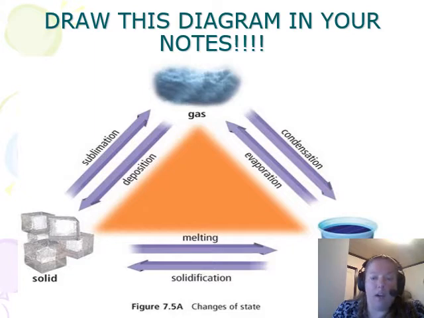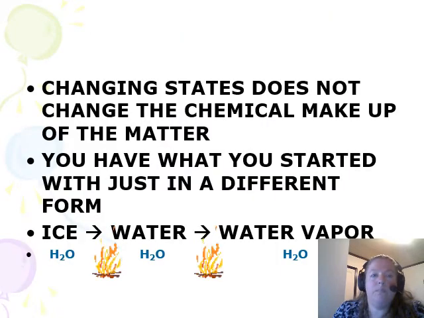Here's a very good diagram that you want to take a look at, because you have your liquid water over here on the right, the solid water over here on the left, and the gas up here in the middle. So changing the state does not change the chemical makeup of the matter.